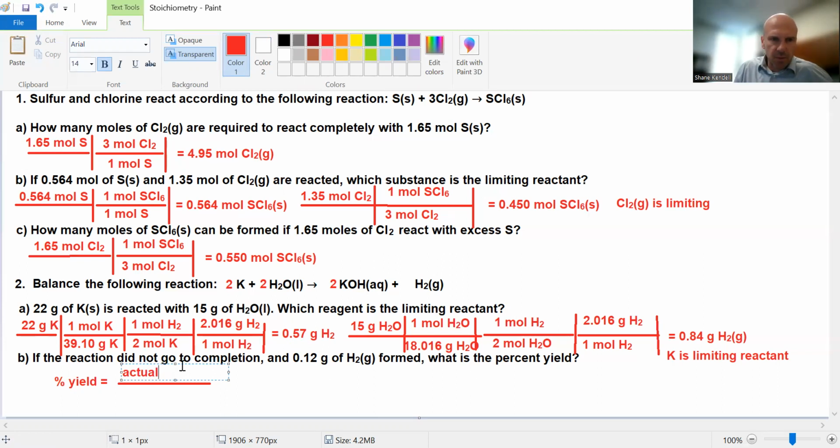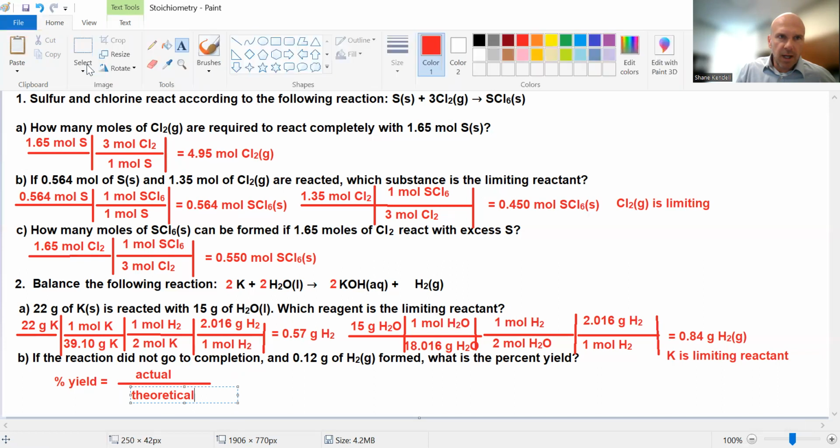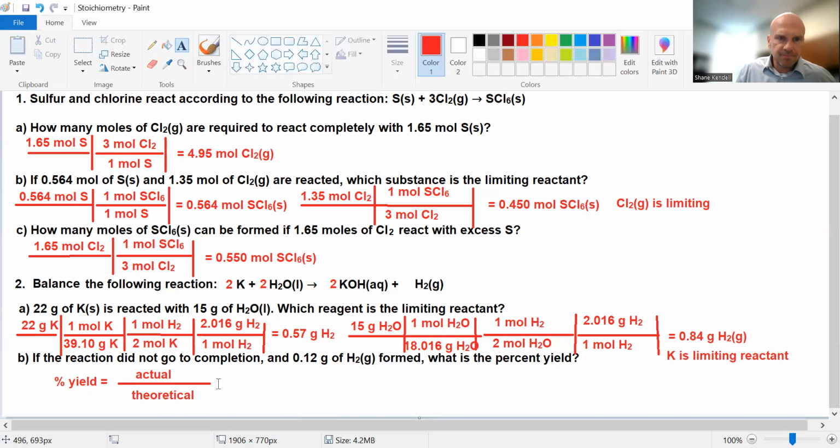I'll just leave it at actual. I won't put in grams yet because I want to make a statement on that actually. So it's just actual divided by theoretical. There we go. Then we want to multiply that by our 100%.